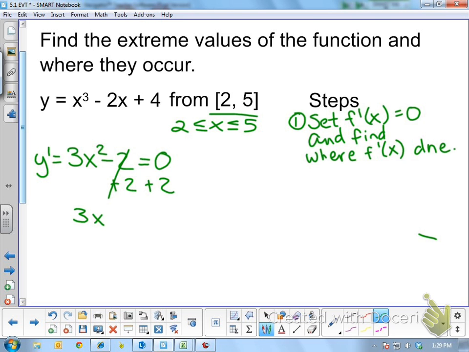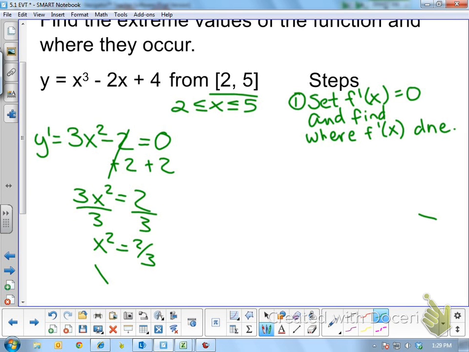So we get 3x squared equals 2. Divide by 3. Square root. So x equals plus or minus square root of 2 over 3. Now, one of these I can throw out immediately. Which one can I get rid of immediately?